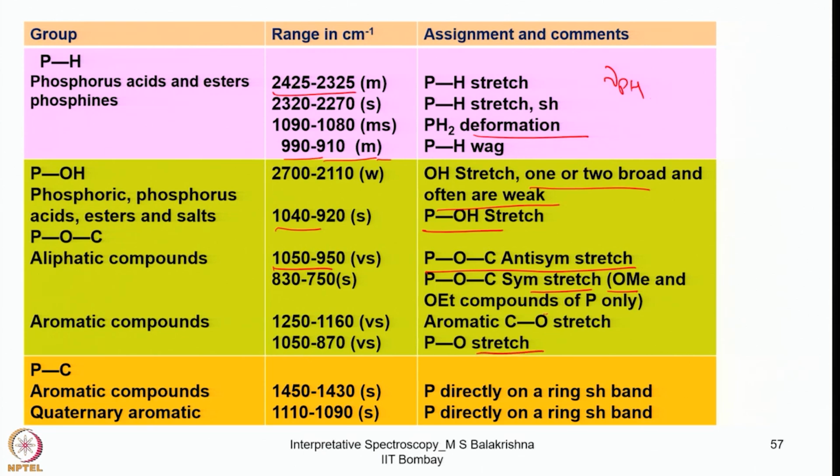So this should be C double bond C, not CO stretch. And then for PC aromatic compounds, we have 1450 to 1430, P directly on a ring, sharp band. And then quaternary aromatic, 1110 to 1090, P directly on a ring, sharp band is observed.